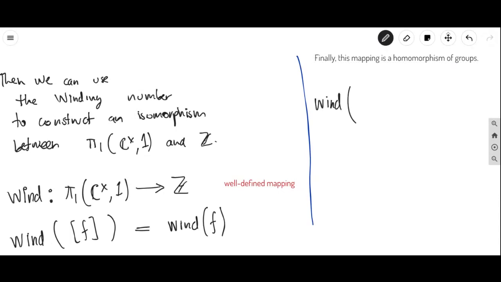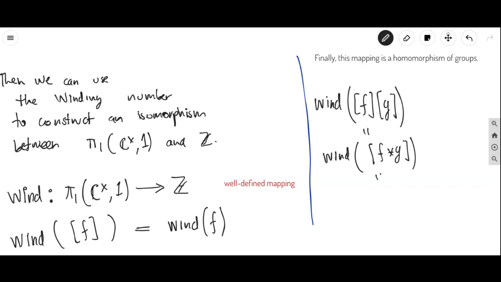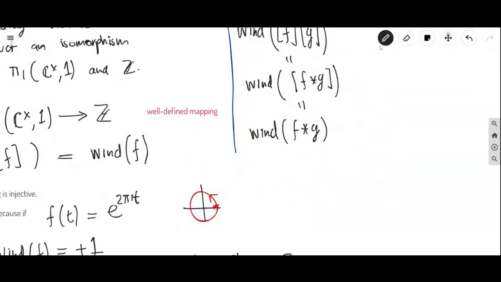If you want to find the winding number of F multiplied by G, that would be equal to the wind of F juxtapose G. You get rid of the homotopy class and just look at a single representative, and the winding number of a juxtaposition is the winding number of F plus the winding number of G, because you first go by F, that gives you some winding number, then you go by G, that gives you an additional winding number, and it's just the sum of those two.